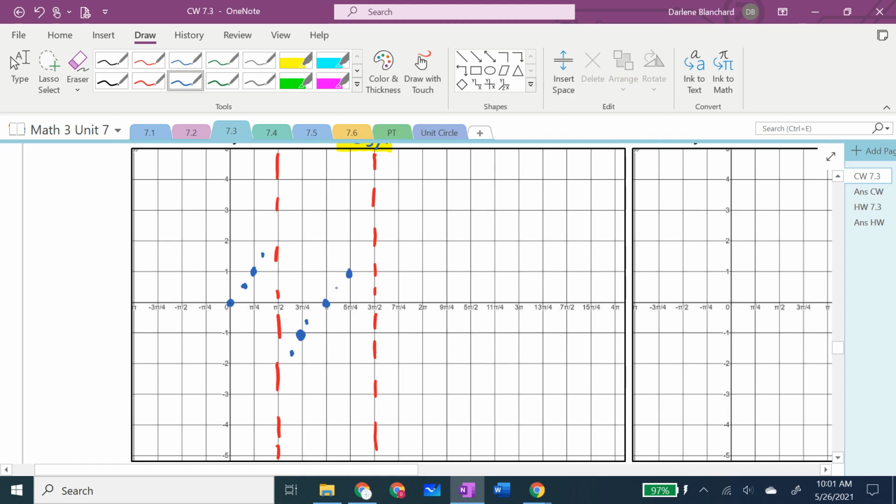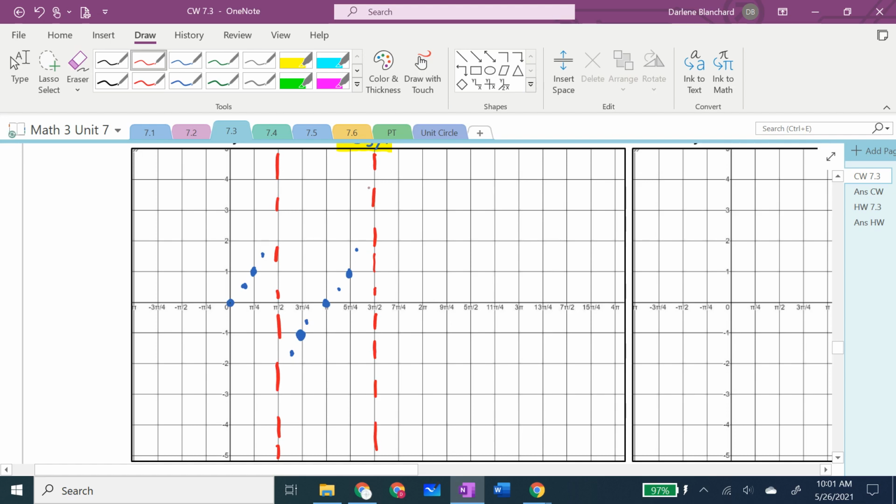And I'm trying to be reasonably accurate, but I'm not going to be perfect on this. It's so-so. This should actually be up a little bit higher, I think. But if you sat down and just plotted all those points, you would see this pattern.